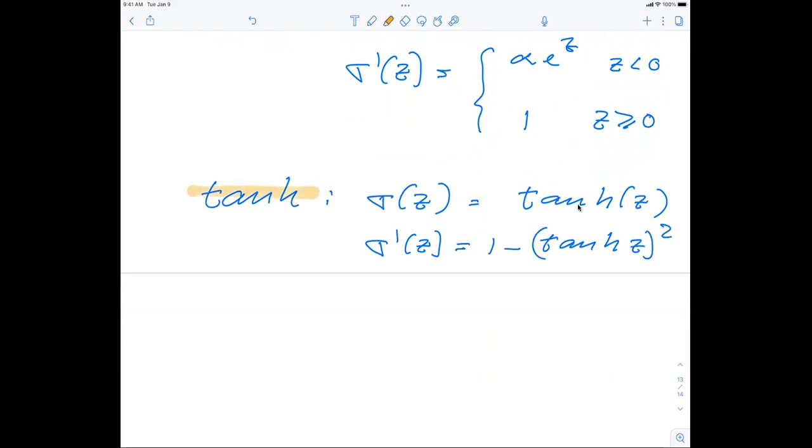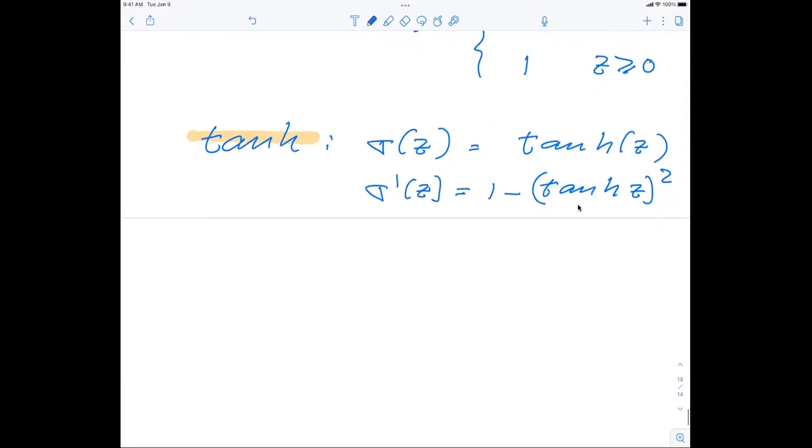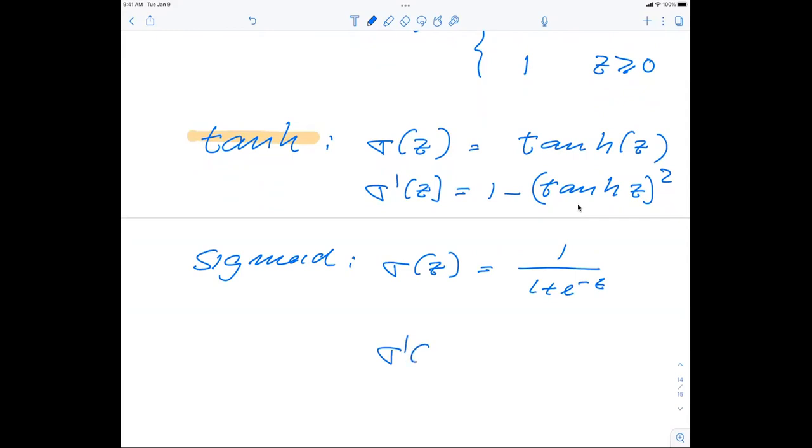So that's another function which is widely used. And finally, we have the sigmoid function. For the sigmoid, we have sigma z equal to 1 divided by 1 plus e to the power of minus z. And the derivative is the one which we have already encountered, and that's given by sigma z times 1 minus sigma z.